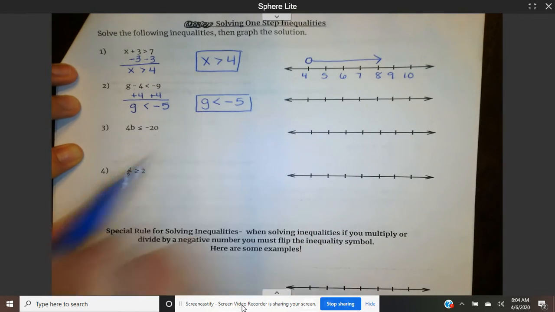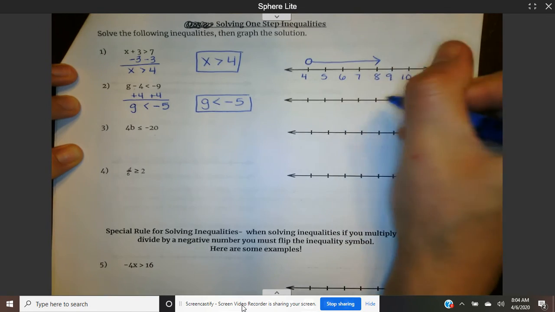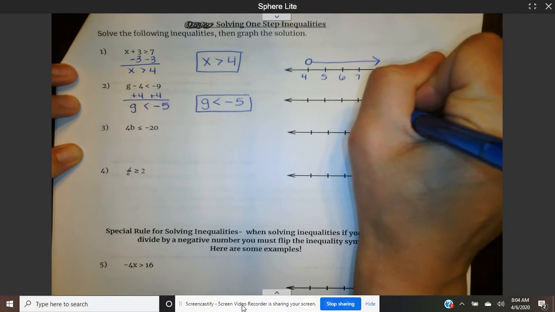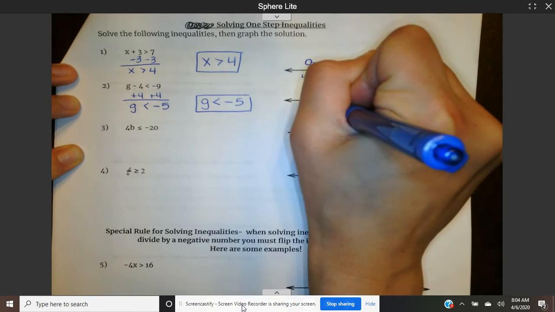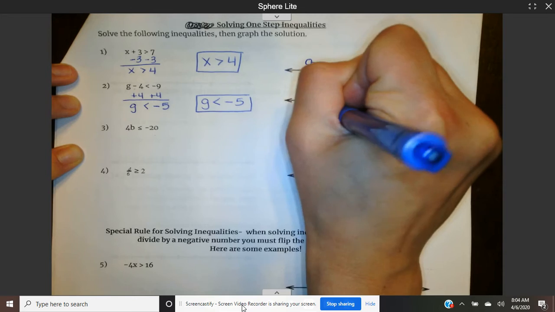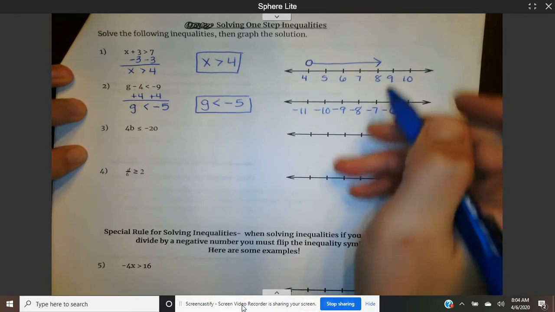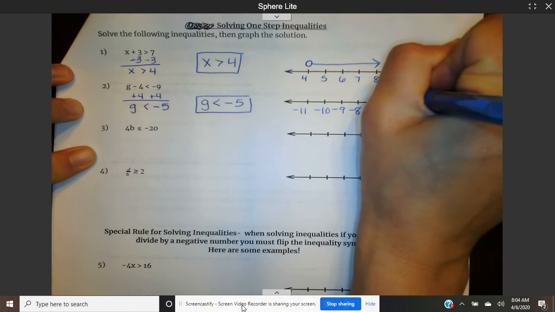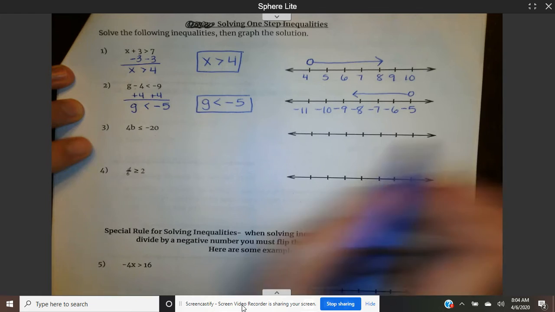Okay, so again, if it's less than, it's going to point to the left, so I'm going to do it this way. And the nice thing about this, guys, if you did pick different numbers, as long as -5 is on your number line, that's fine. I just like to have my arrow actually on my number line.